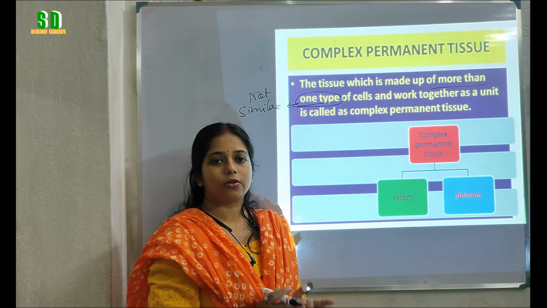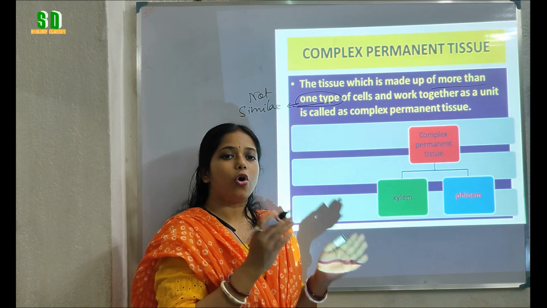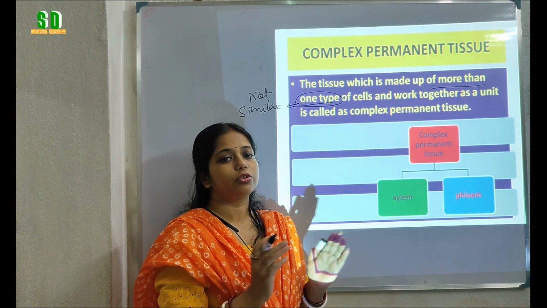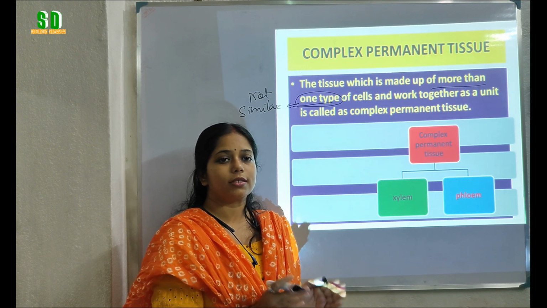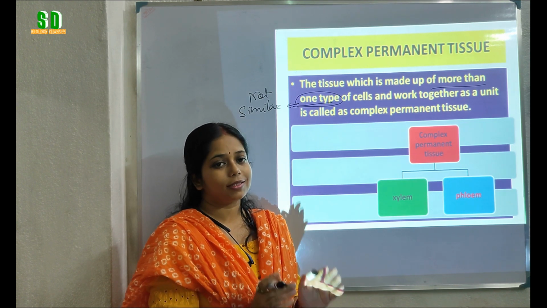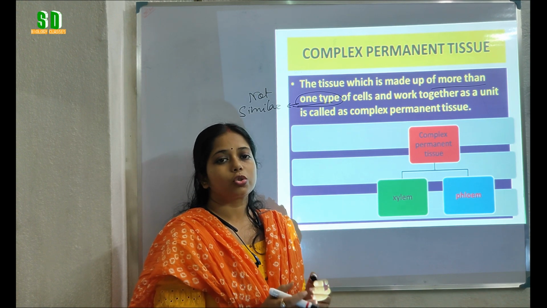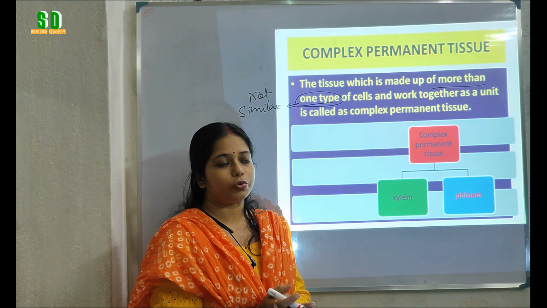Why is it called complex? Because here all the cells are dissimilar to each other. That's why it is called the complex permanent tissue. And the cells lost the power of division, so it is called the permanent tissue.